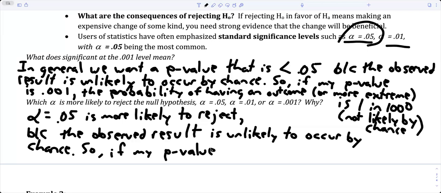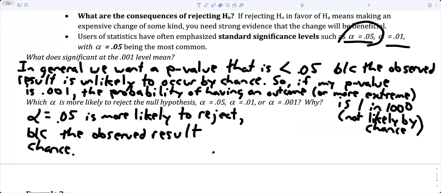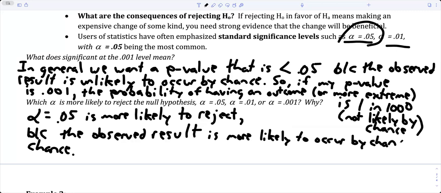If alpha is equal to 0.05, it's more likely to reject because, let me fix that, sorry about that, the observed result is more likely to occur by chance. Sorry about that.